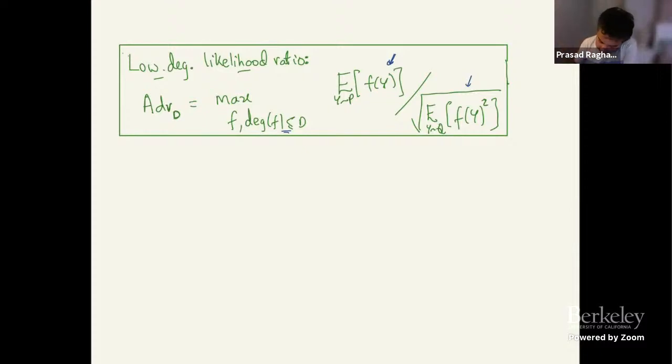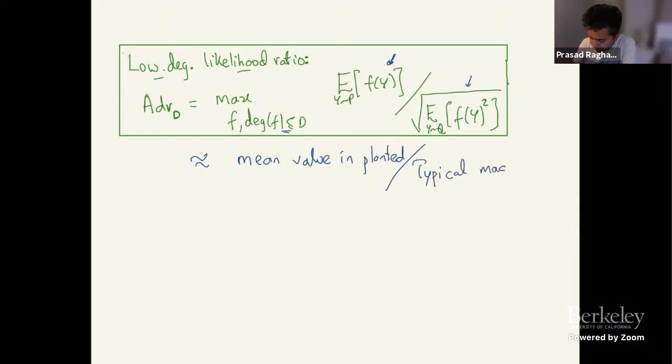So in particular, I want to maximize the mean value in the planted distribution divided by the typical absolute magnitude in the null. This is the nice quantity, and if you find the best such polynomial, it tells you the best algorithm in this class.